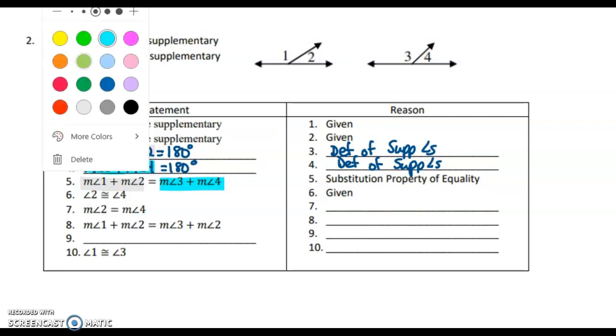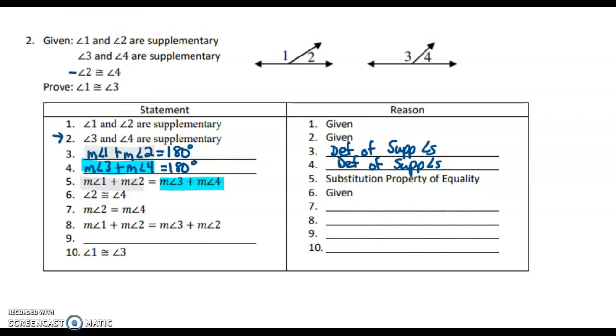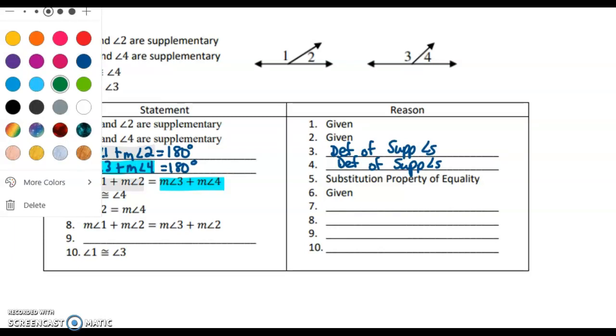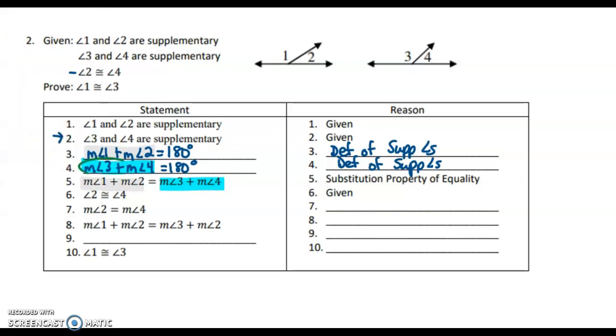So what I think they did is they took this angle 3 plus angle 4, and they were like, hey, if that equals 180, you can take out this 180 and write it instead. So that's substitution. That's taking line 4 and plugging it into line 3. So line 4 into line 3.